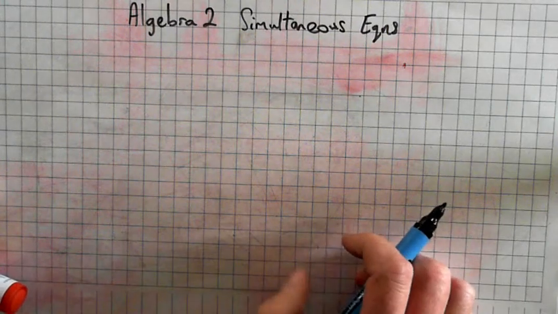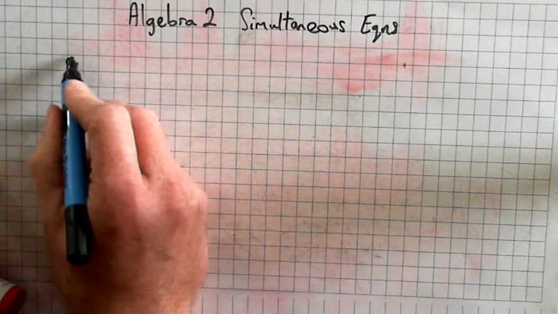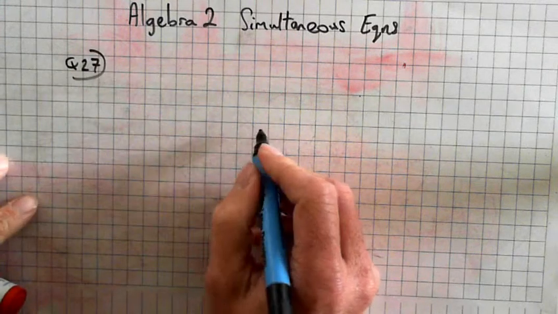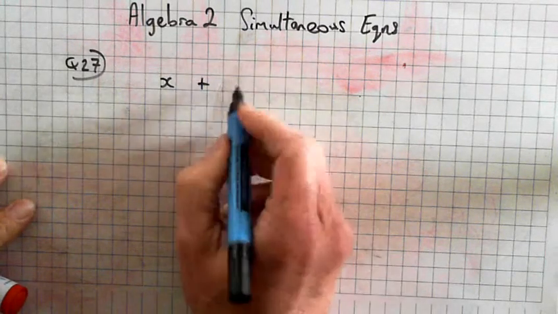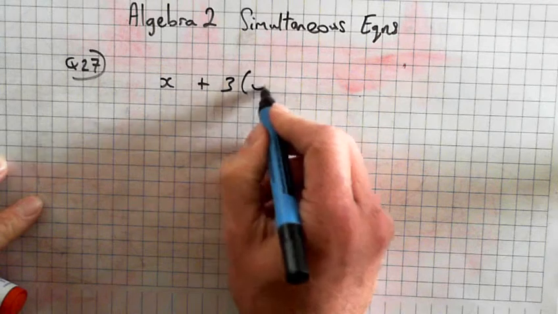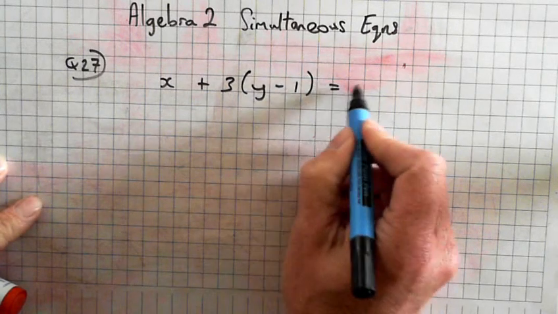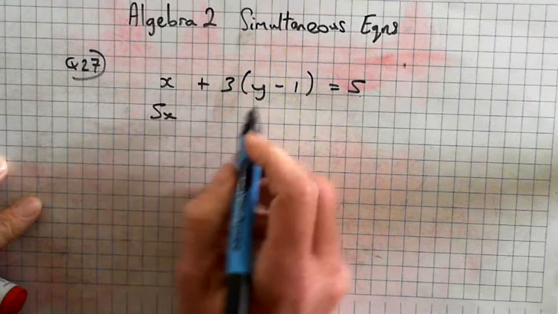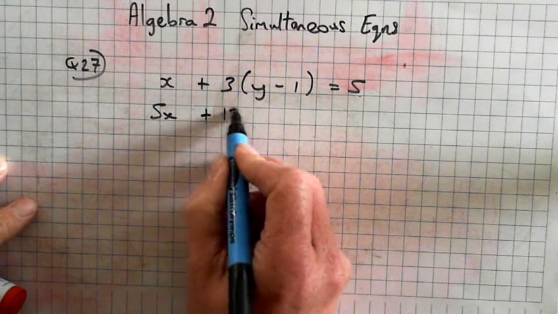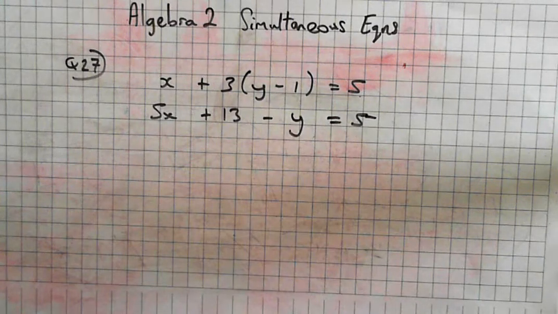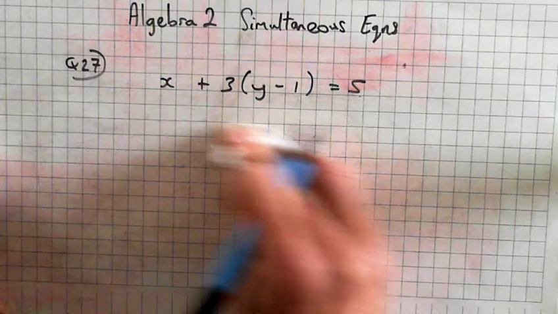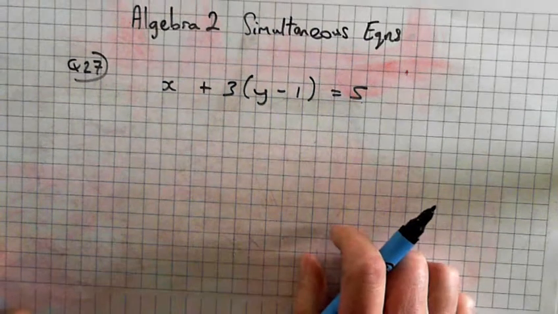Right, we're going to look on to question 27. Before I start this sum, I'll write it out first, but then I'm going to rub something off. Just going to rub out the second equation, sort out the first equation first.